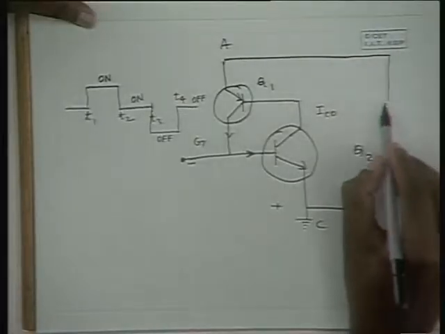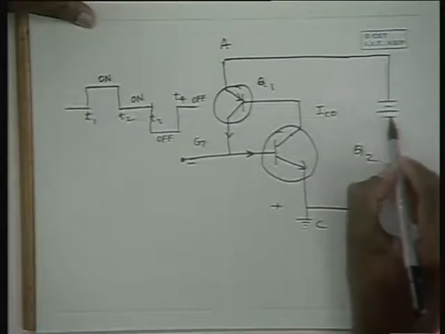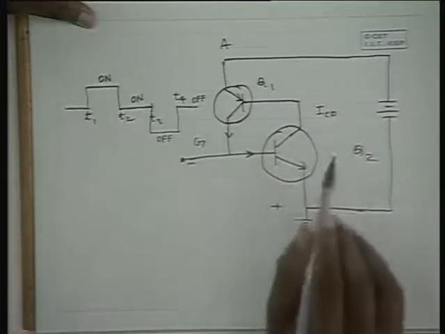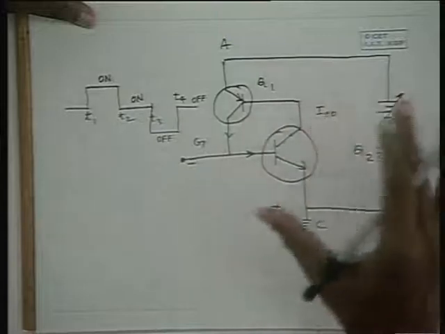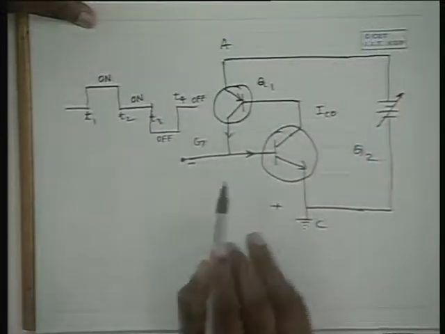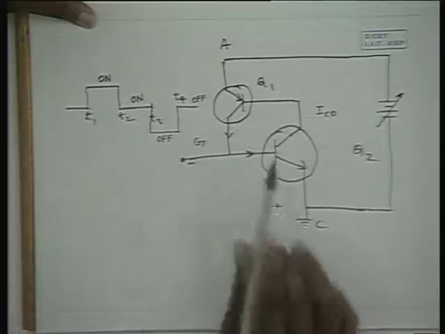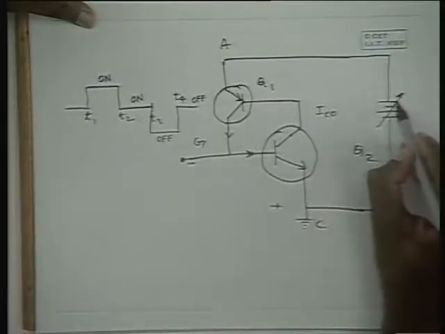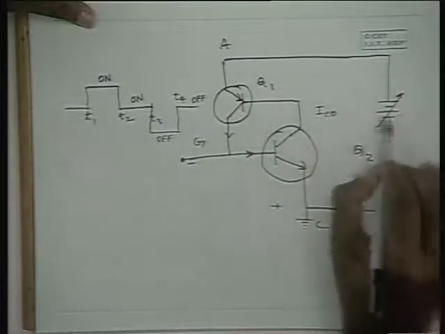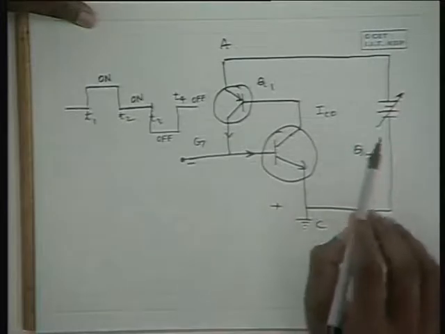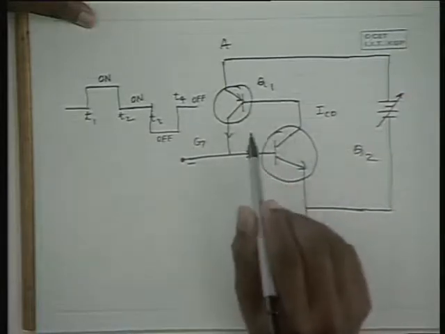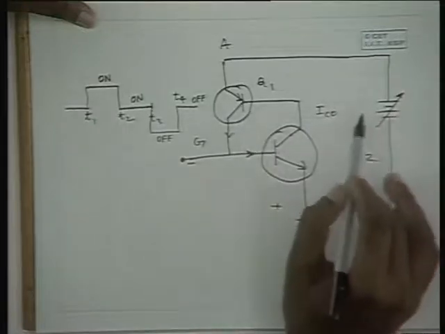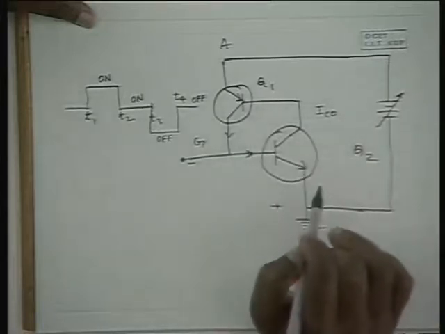Now, please note that for any semiconductor electronic device which is made of PN junctions, when the potential is applied across them up to a certain limit, it acts like an open circuit, and when it is initially turned off and there is no gate pulse or no positive voltage applied to the gate, please note that if we increase this potential now, the voltage that is applied between the anode and cathode gets divided between the various PN junctions which are present here.